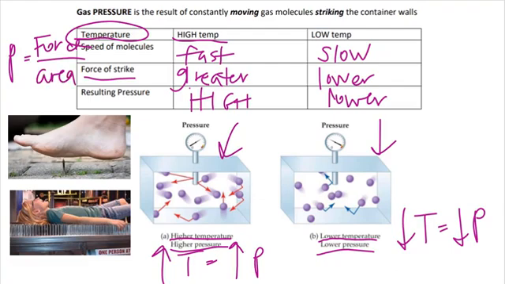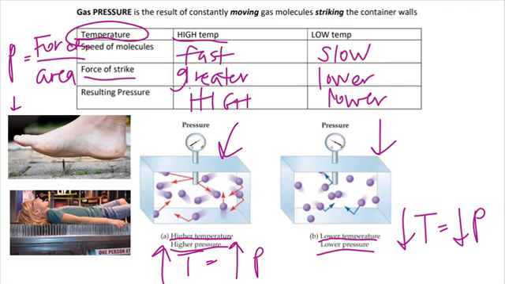And an example, if you look at this picture here, if you step on one nail, that's going to hurt pretty badly. If you think that the force exerted onto that nail is your whole body weight on one nail, that's a lot of force, right?